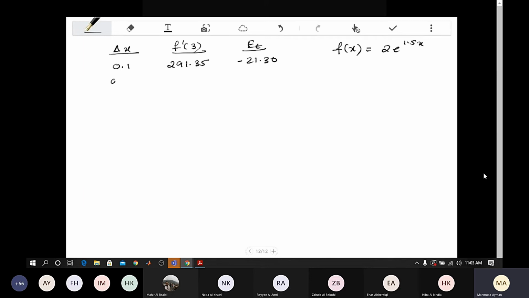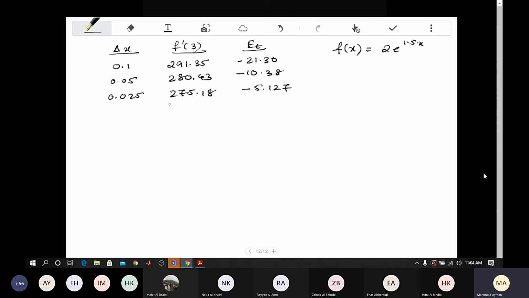Now if you halve the delta x value to 0.05, you get the approximation as 280.43 and the true error as minus 10.38. And if you halve this again to 0.025, you get the approximation as 275.18 and the true error is minus 5.127.